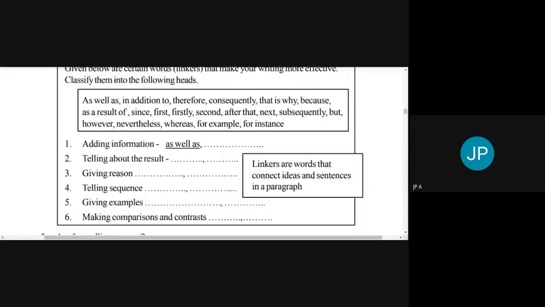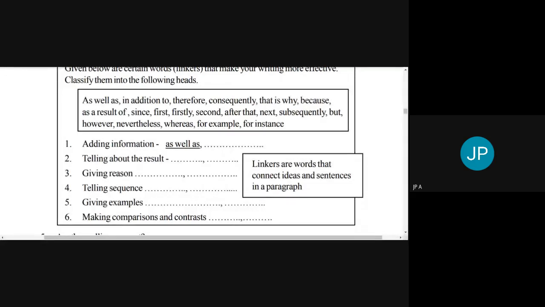For example, you can give this one example. North India suffers from extreme cold, whereas the South suffers from extreme famine. So that is used for giving comparison.